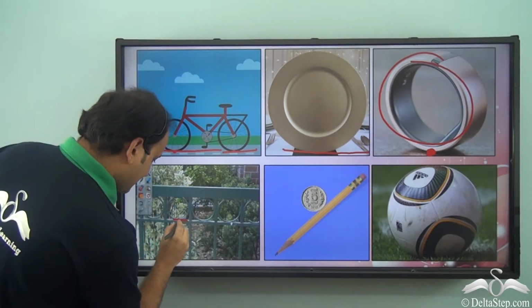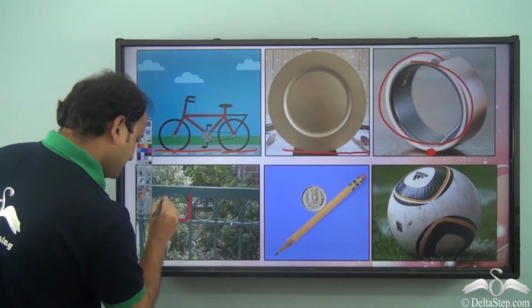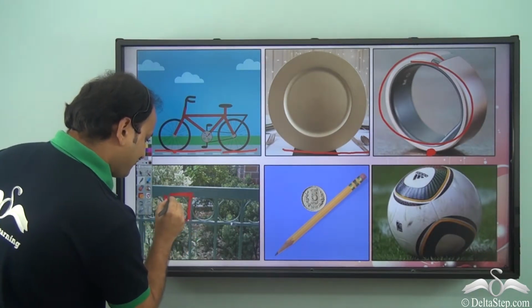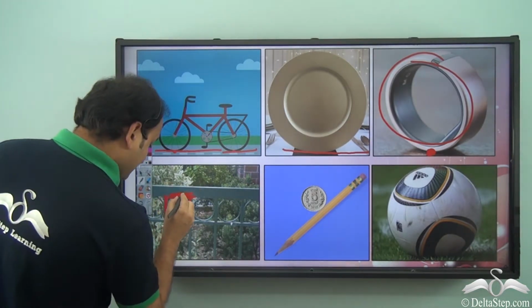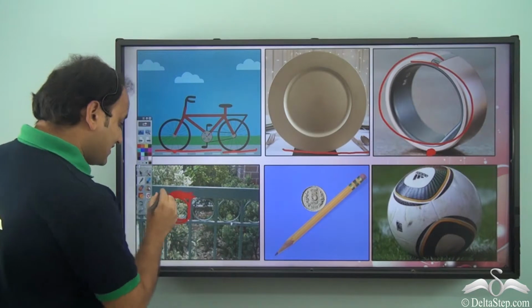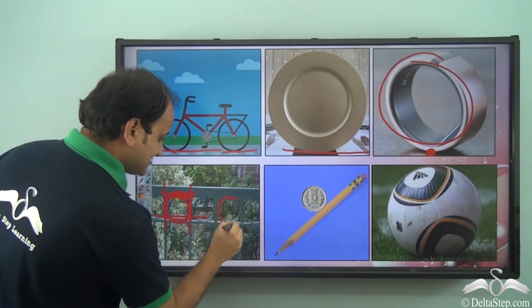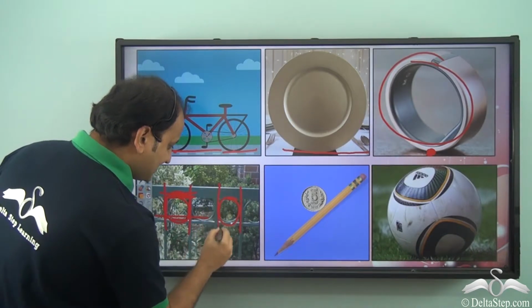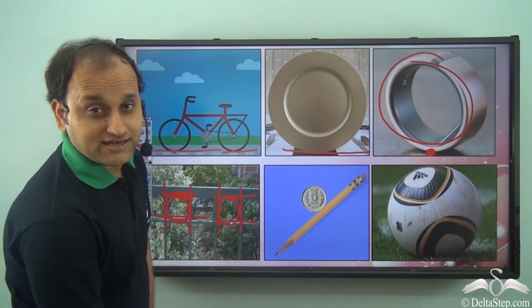Can you see tangents here? Just one point of contact for every line. So this is a circle and these are the tangents. Similarly, this is a circle and these are the tangents, because they touch the circle at exactly one point.